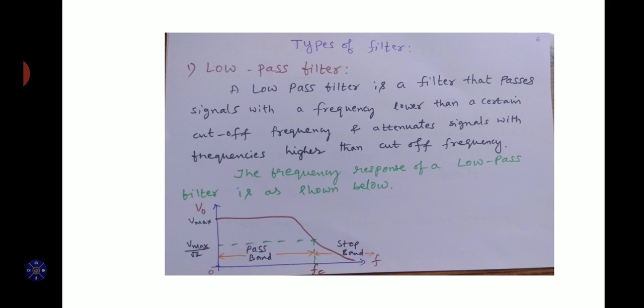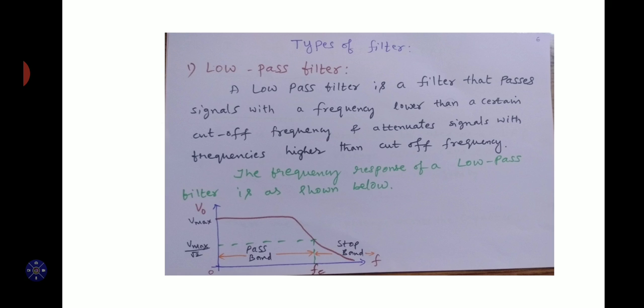See, a low pass filter is a filter that passes signals with a frequency lower than a certain cutoff frequency and attenuates signals with frequencies higher than the cutoff frequency.